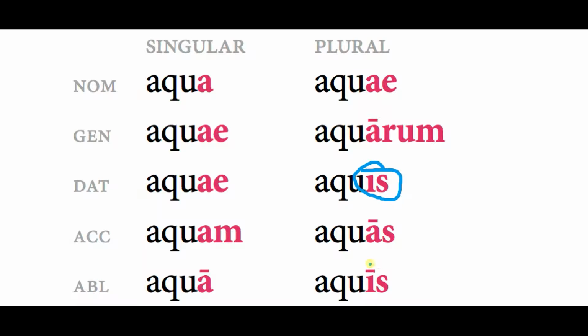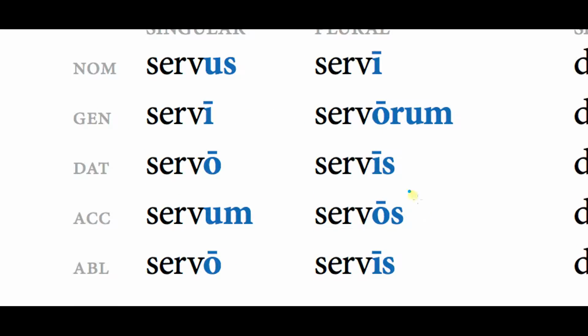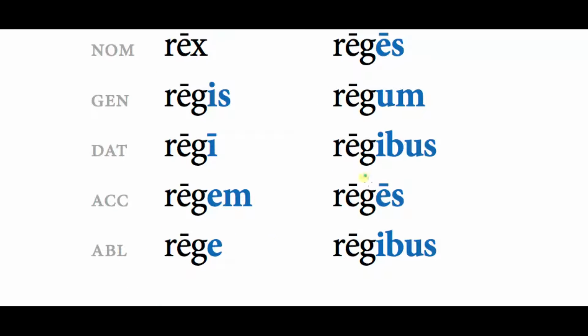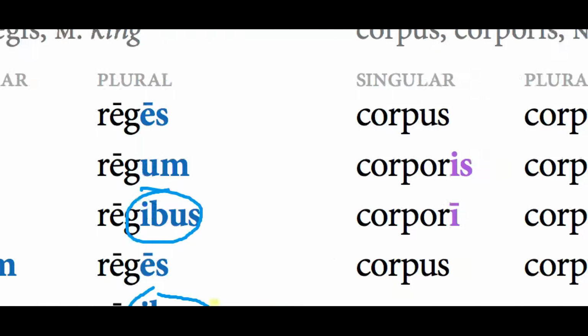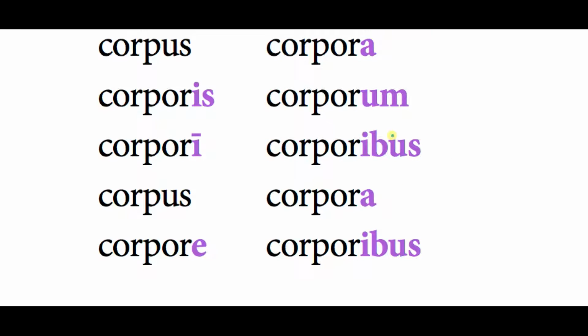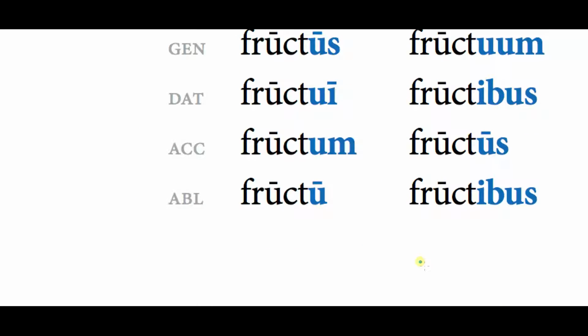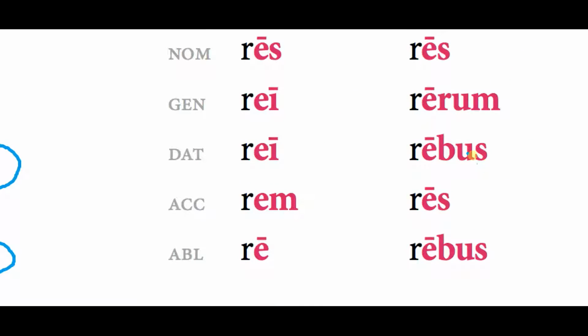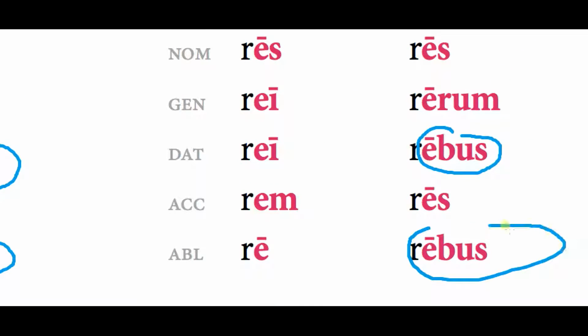Here we have is in the second declension masculine, is in the second neuter, ibus in the third masculine/feminine, and again ibus in the third neuter. Let's go over to fourth declension, ibus again, and in the fifth declension, abus. So if you can't remember one or the other, just know that they're essentially the same.